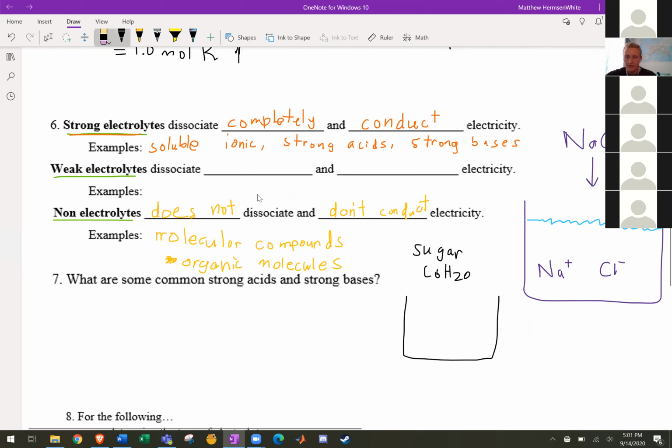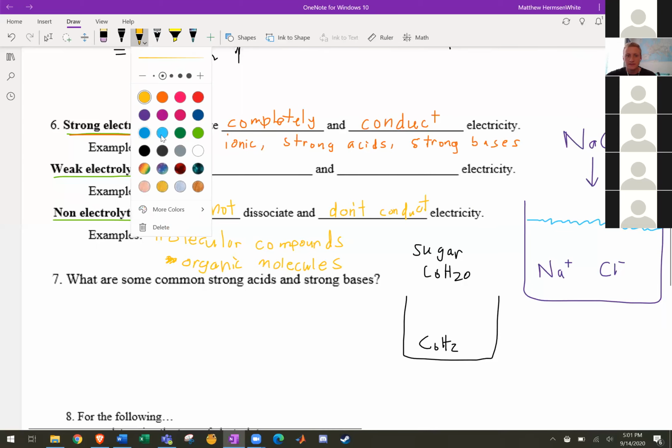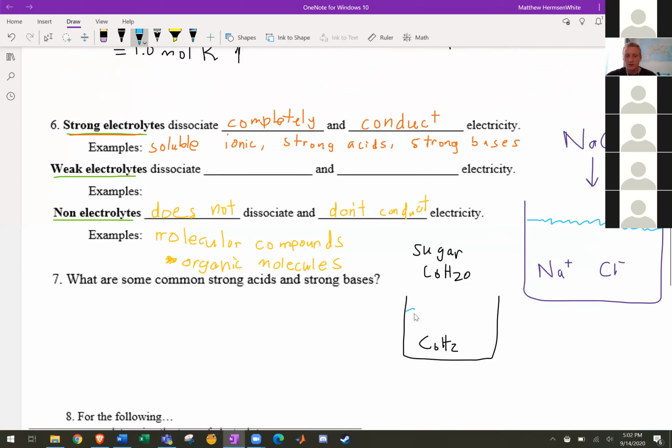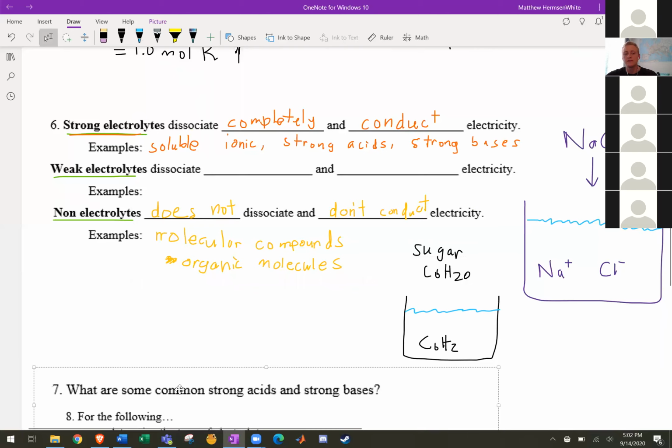I don't know exactly what the formula is, but what I'm trying to say is it doesn't break up into pieces. Your sugar is still sugar when you put it in the water. It's dissolved in the water, but it's not dissociated. Dissociated means it has to be broken up into pieces. So if things do not dissociate, we call those non-electrolytes.